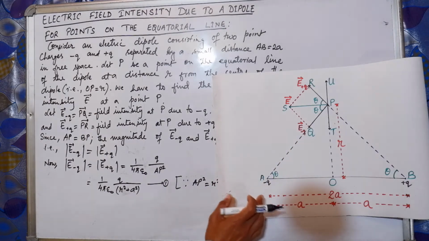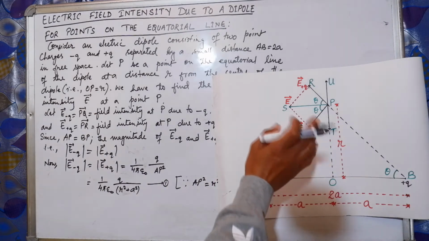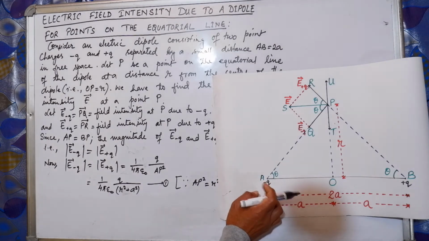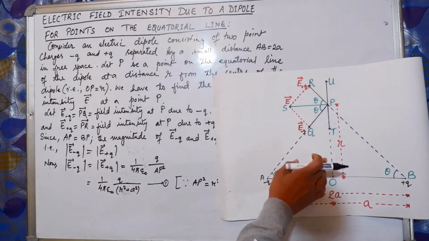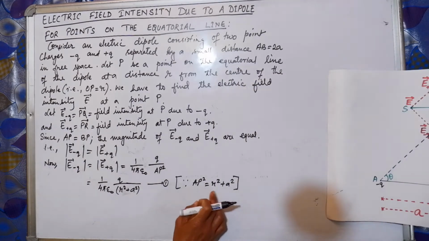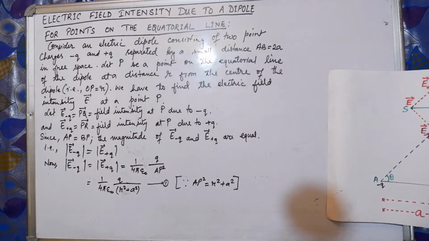So AP square will be equal to AO square plus OP square, which is A square plus R square, the same as R square plus A square. Now let us write about the angle also. Let angle PAB be equal to angle PBA, let us say equal to theta.